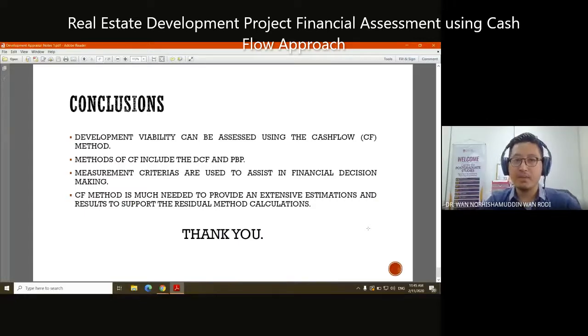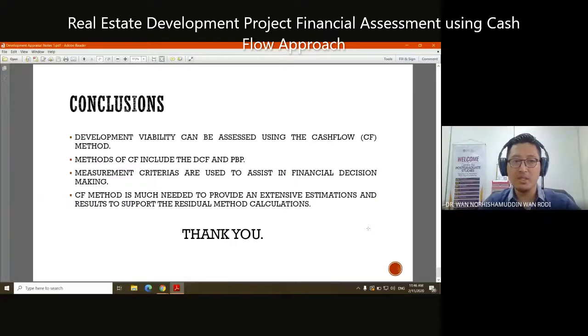And the measurement criteria that have been used are generally to assist the decision maker for a development project in the financial decision, whether to proceed with the project, whether to make amendments on certain specifics or characteristics that can hinder the project's success, and also to avoid or to minimize the risk that engulfs a certain development project.